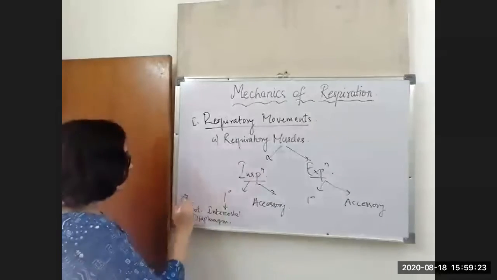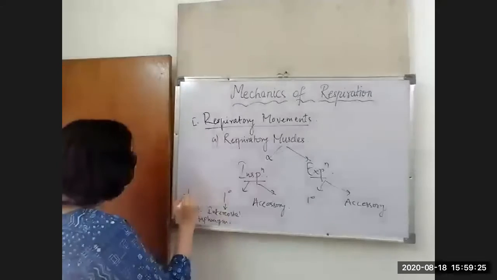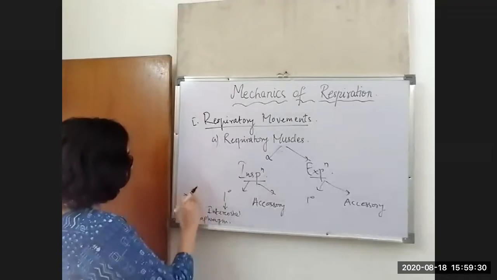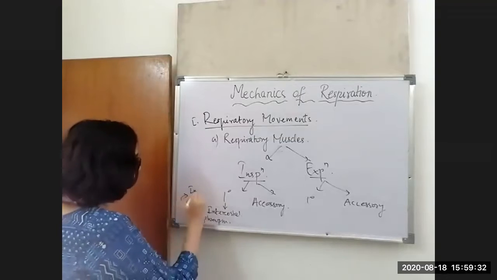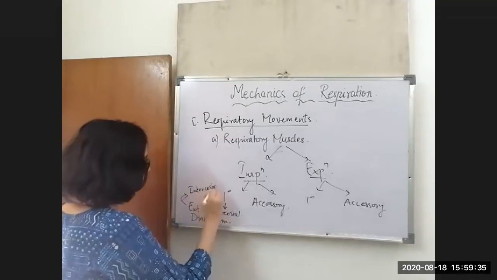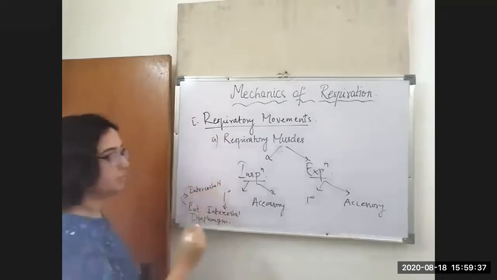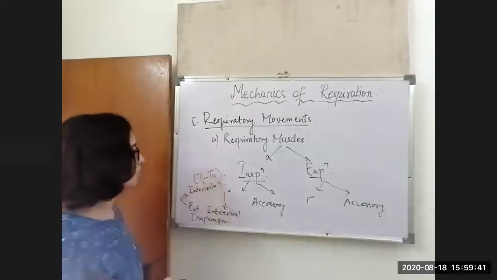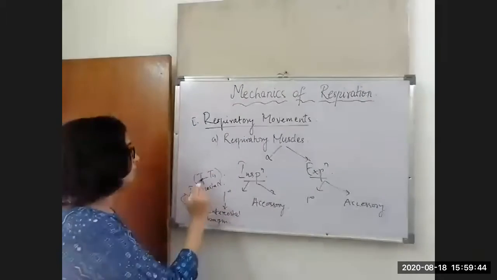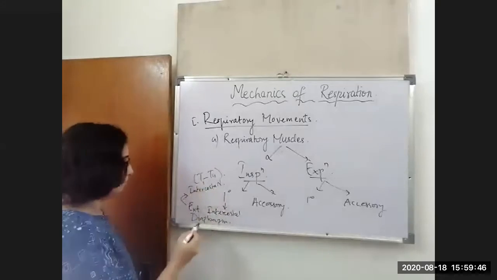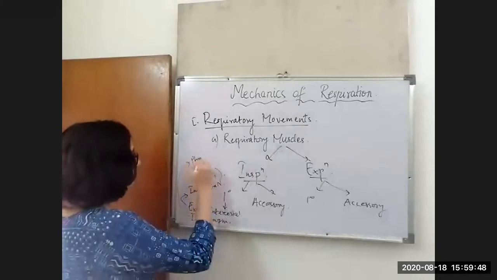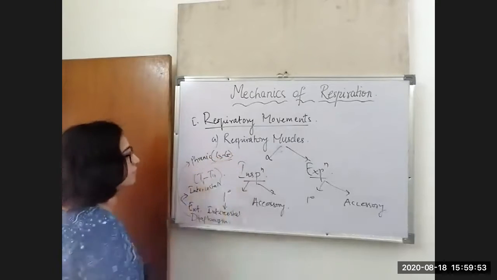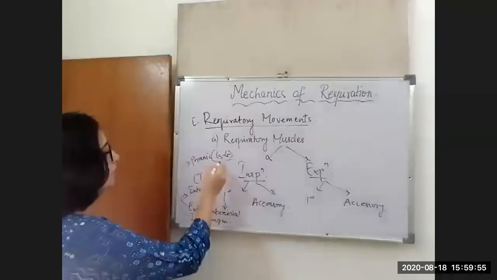The external intercostal muscles are supplied by the intercostal nerves, which are T1 to T11, the thoracic nerves, and the diaphragm is supplied by the phrenic nerve, that is C3 to C5, a cervical nerve from C3 to C5.